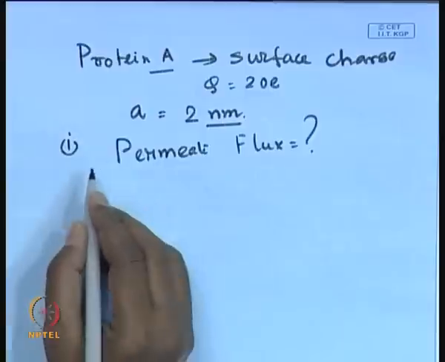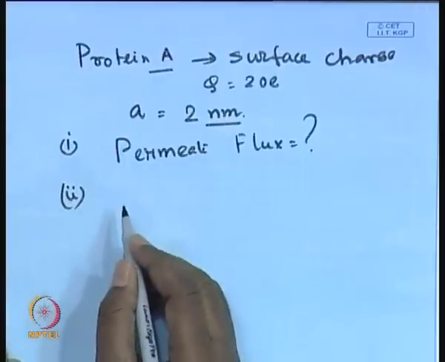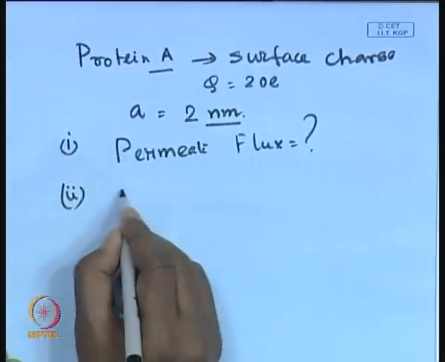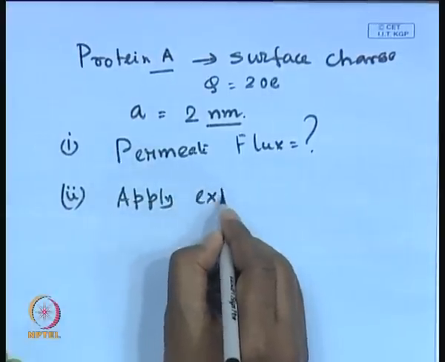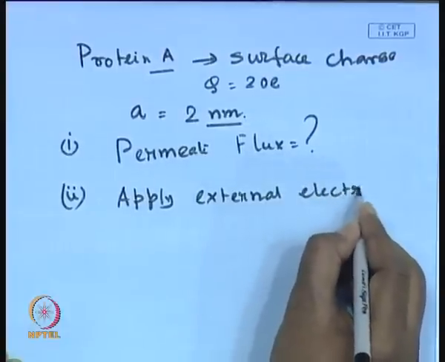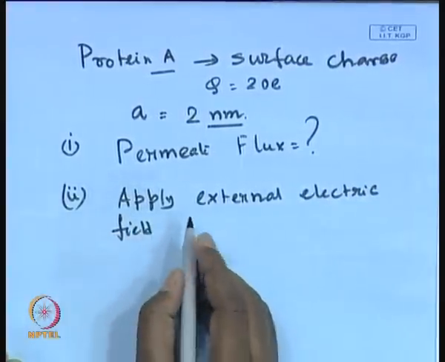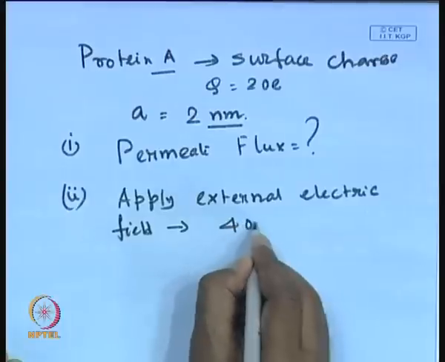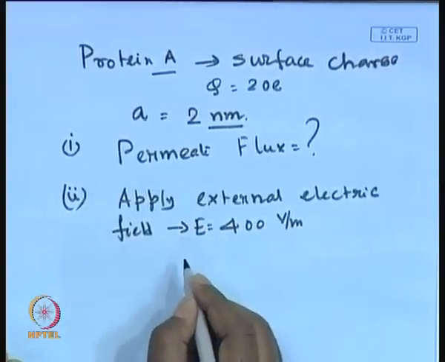Okay. Second is, now a suitable external electric field of 400 volts per meter is applied to increase the permeate flux. You apply an external electric field of strength 400 volt per meter.